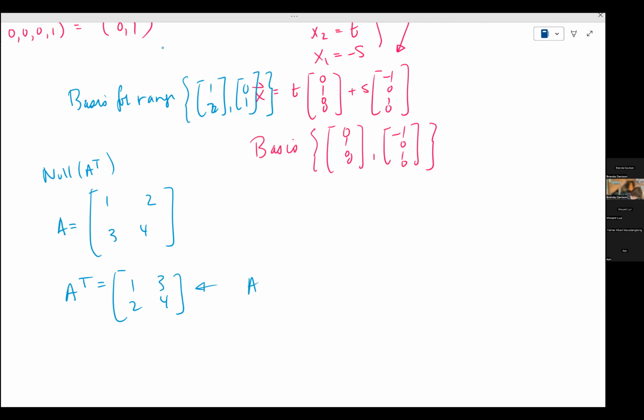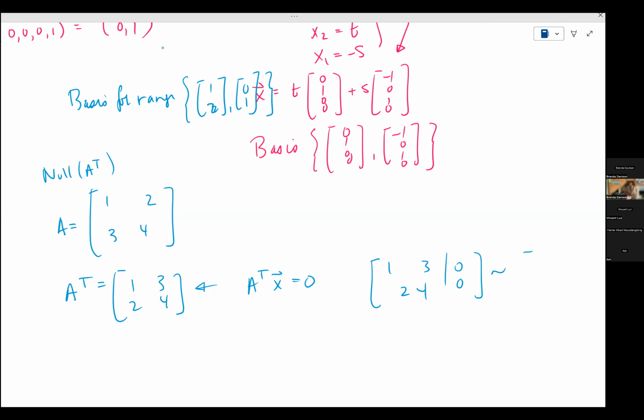That's asking for which vectors is this true? That's what it means to be the null space, right? Which vectors, when I operate on them by the matrix transpose, give me the 0 vector. And so I would just then proceed to go like this, 1, 3, 2, 4, 0, 0.